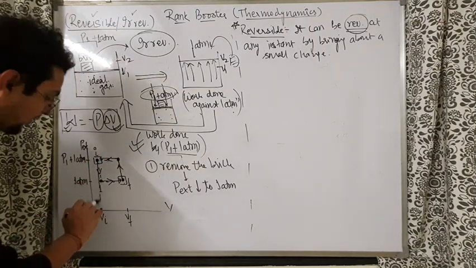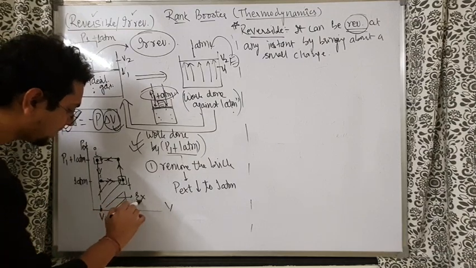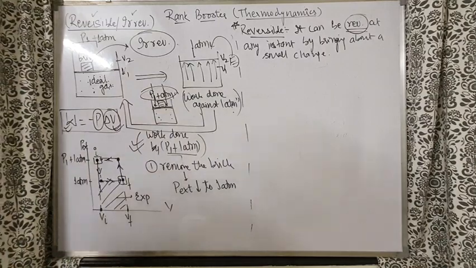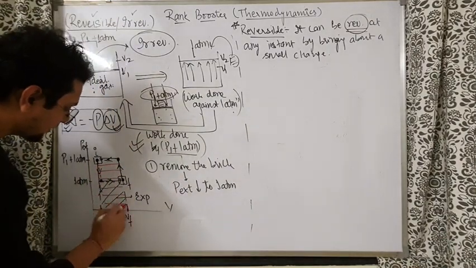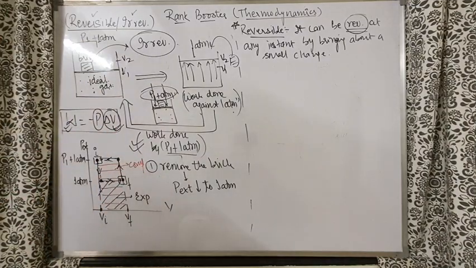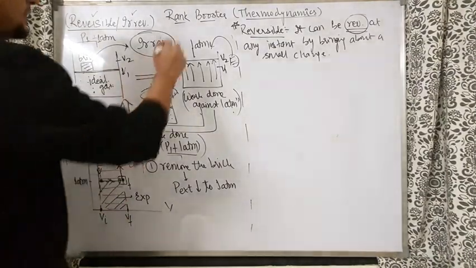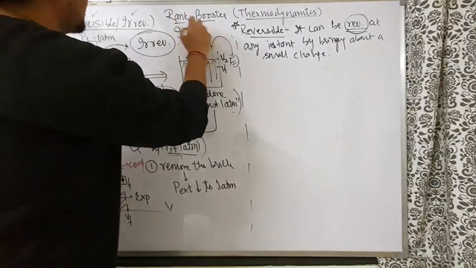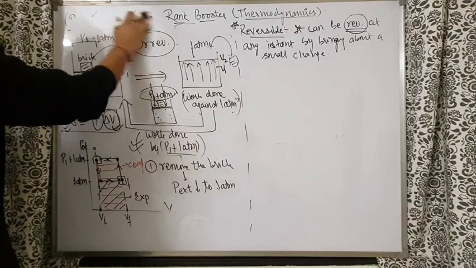In fact, if you find the area under the curve, this is the area under the curve for expansion, and this red color is the area under the curve for compression. So the area under the curve for compression is much more than for expansion. So this specific process is an irreversible process, and it is not reversible at all.